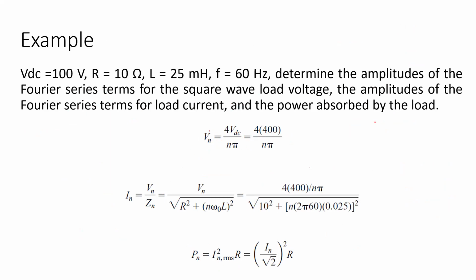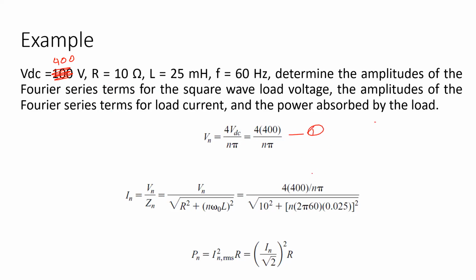So first, Vn equals 4 VDC over nπ. The values given in here are a little bit wrong. VDC is 4, so change it to 400 volts. So VDC is 400 volts for VDC over nπ, and In, each component you can find. So Vn, the same thing.